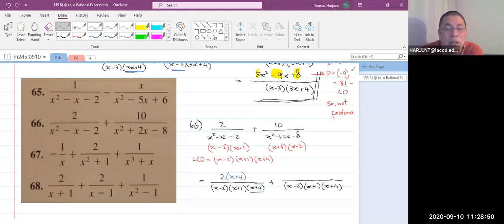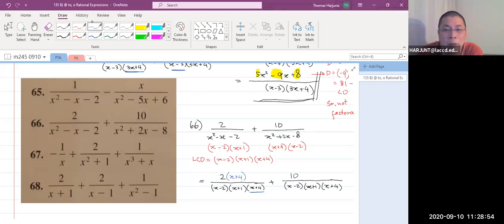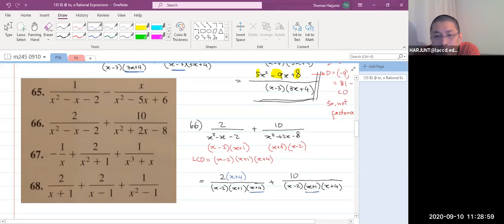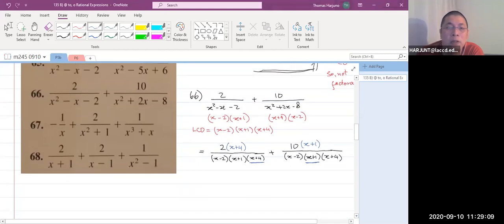For the second fraction, we already have the 10. What is the new factor? The new factor is x plus 1, right? We have x plus 1 here. So far, is it okay?